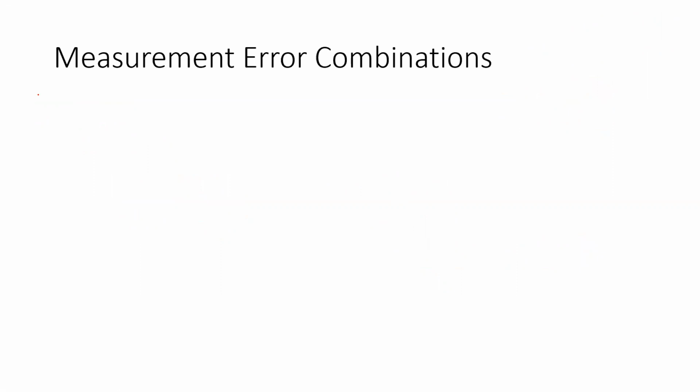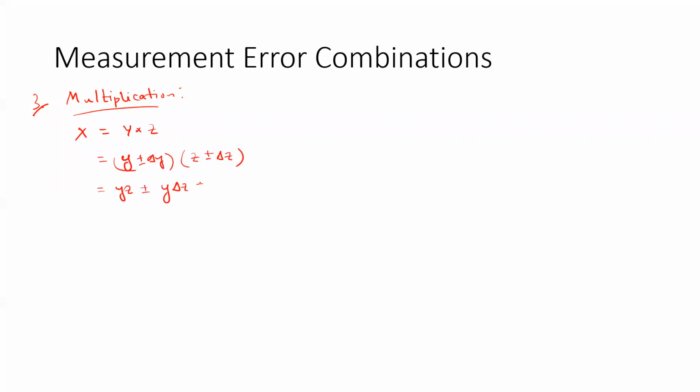But for multiplication and division, a direct relationship between absolute errors is not possible. However, the relationship can be represented in terms of relative error. So if we have x, which is the multiplication of the two quantities y and z, we can again simply put those two expressions here. And by simplifying, we can write it in this form.